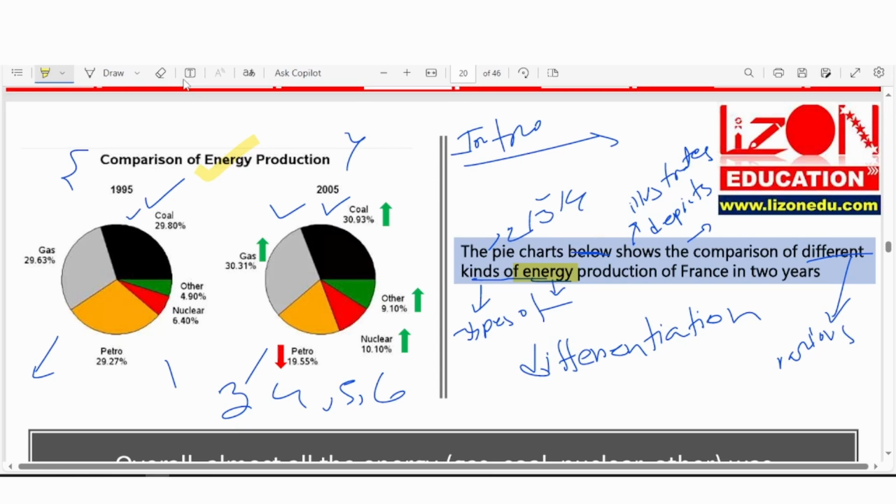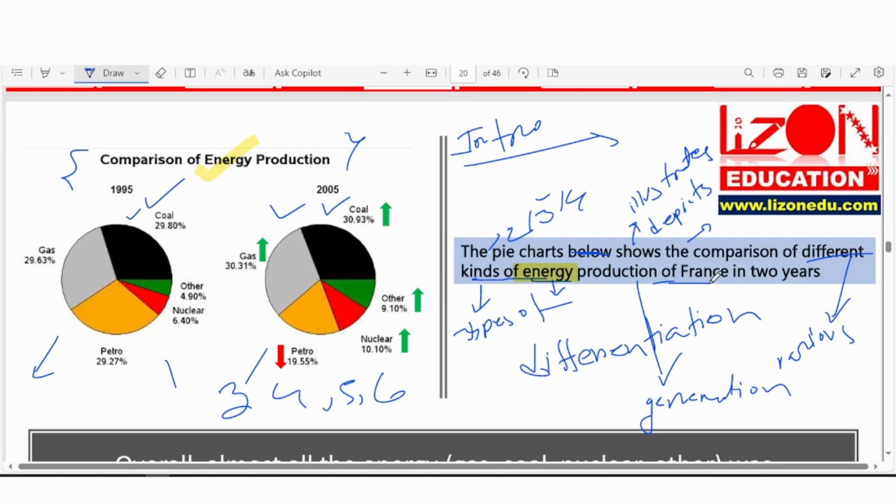Okay. Production, you can use generation. Instead of production, you can use the word generation. Generation of France. See, instead of saying of France, you can say a particular country, or individual country or nation called France.